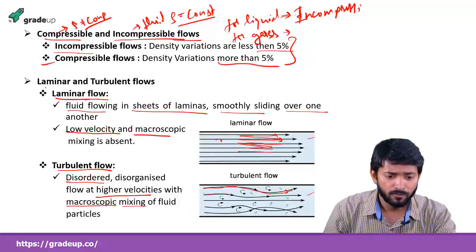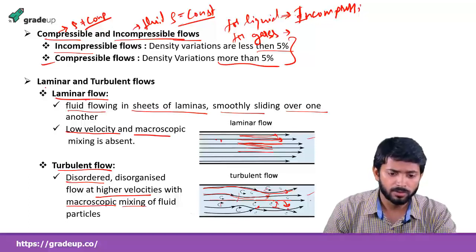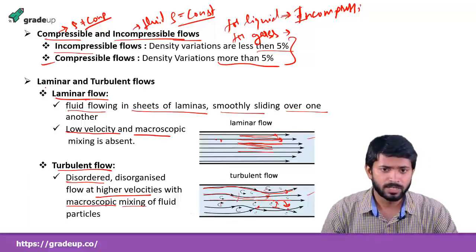It is a random flow. The fluid elements, the fluid layers, the laminas are intermixing with each other, and fluid particles can be shifted from this layer to that layer and from that layer to this layer. So it is a highly disordered, disorganized flow.